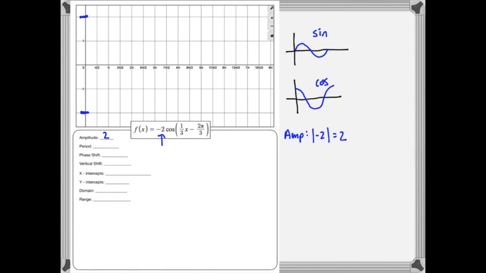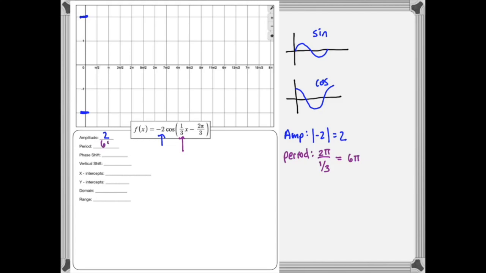The period is going to look like this, and it works out the exact same way. So we'd have 2 pi divided by 1/3. The 1/3 right there is the b value, and that's going to give us 6 pi.